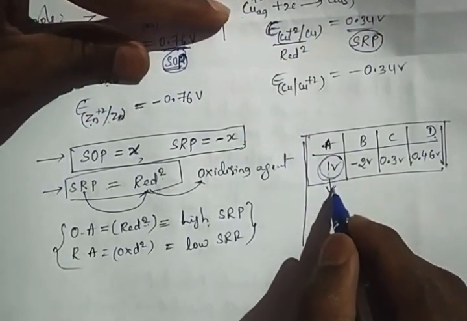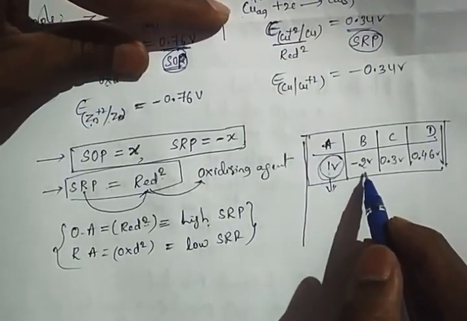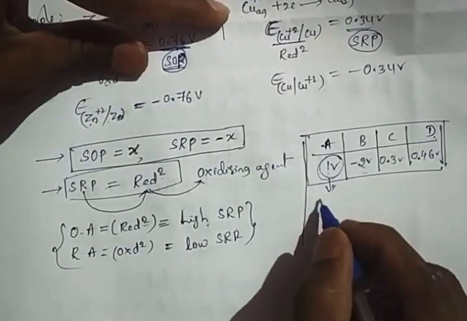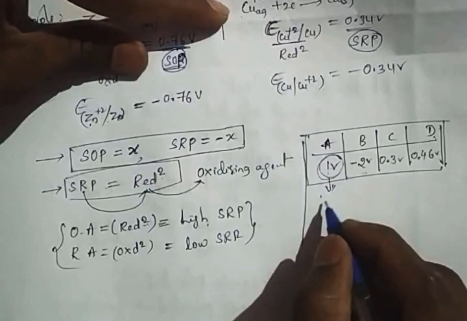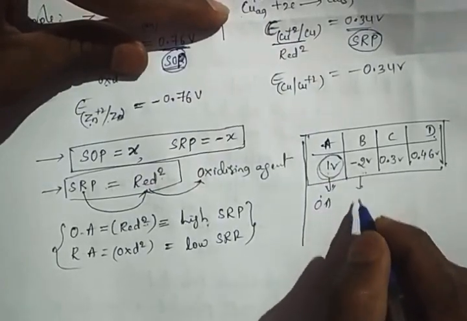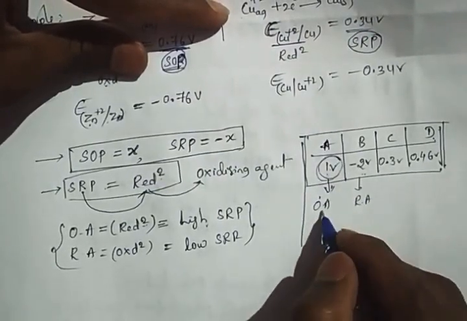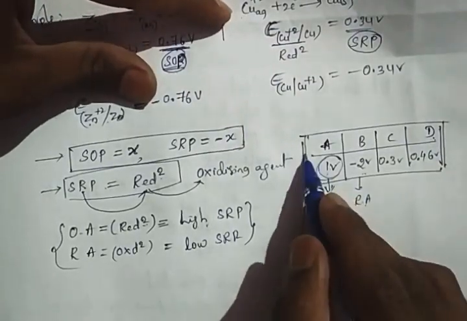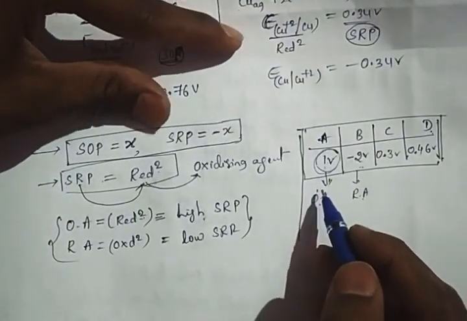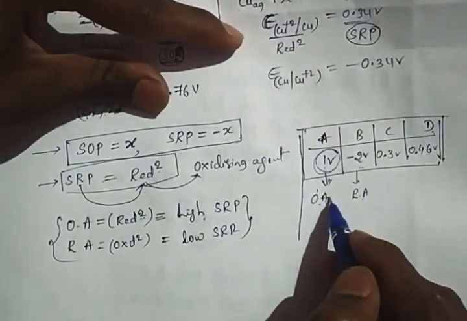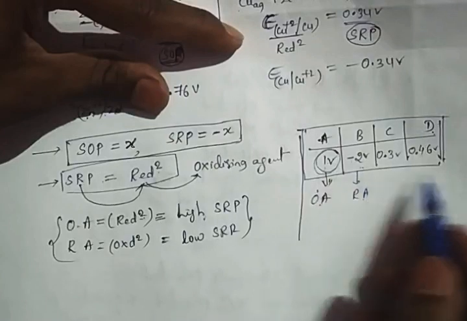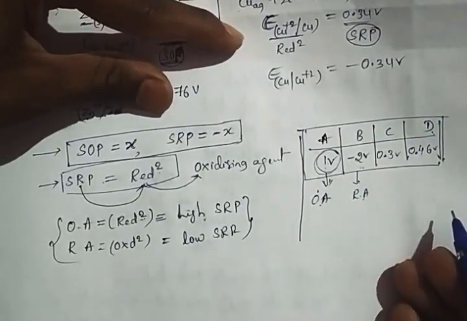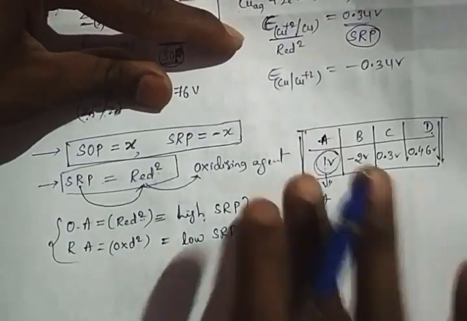Now the best reducing agent is B, because it is -2, the least value. So this one has higher SRP, it is the oxidizing agent, and this one is a reducing agent. The best oxidizing agent and best reducing agent. They can even ask you to arrange these in increasing or decreasing order of their oxidizing potential, oxidation potential or reduction potential, with oxidizing tendencies, reducing tendencies, ability to undergo oxidation, ability to undergo reduction.